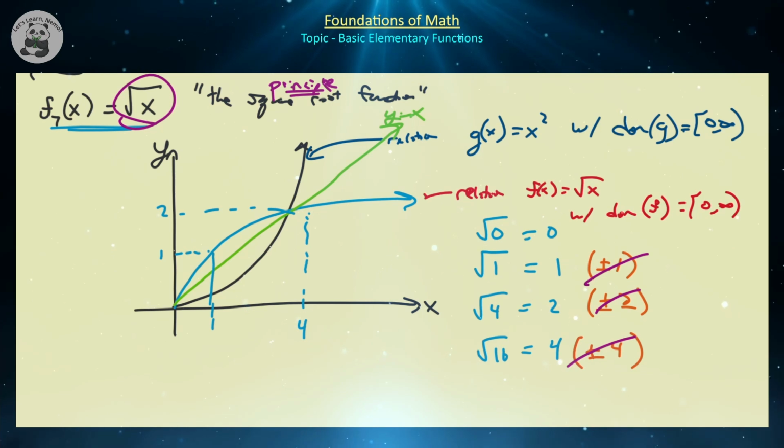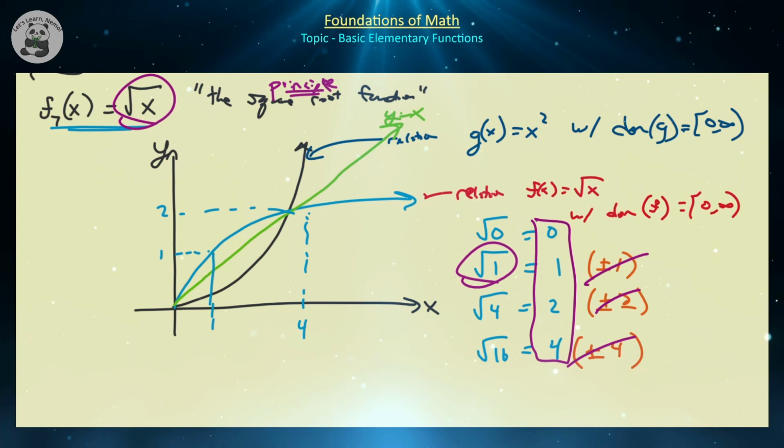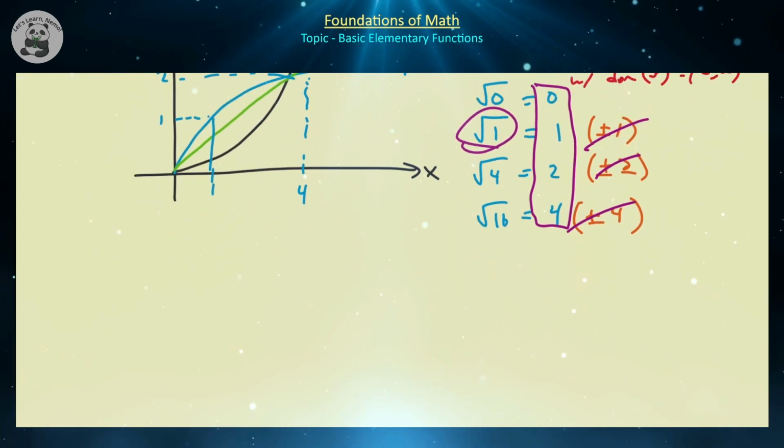Once we get into multivariate worlds, we'll talk about principal and non-principal square roots a little bit later. But this notation represents the principal square root, which is the positive value that you square in order to get the value underneath the radical sign, which is sometimes called the radicand of the expression.